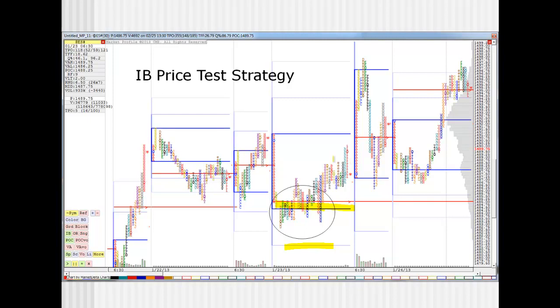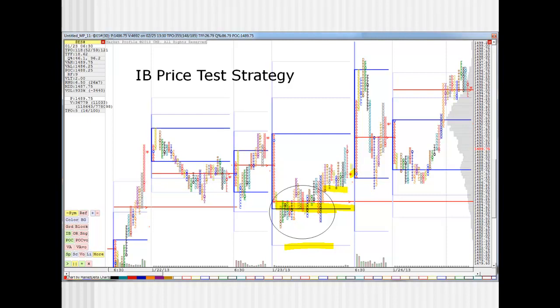Now, from a general analysis point of view as well, once you split the profile like this, and you notice that we ended up closing the session up here, and in fact this held as a level of support. After all, take a look at how many times this was tested. It was rigorously tested, and then we were able to hold another level a little bit higher.